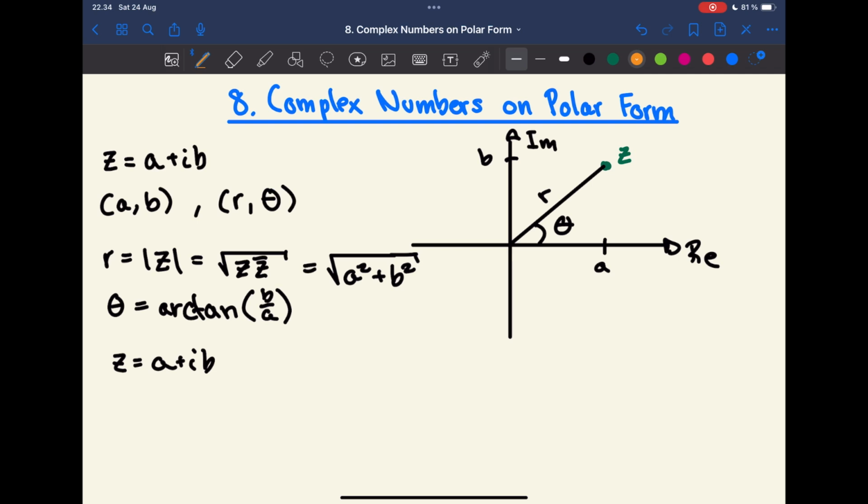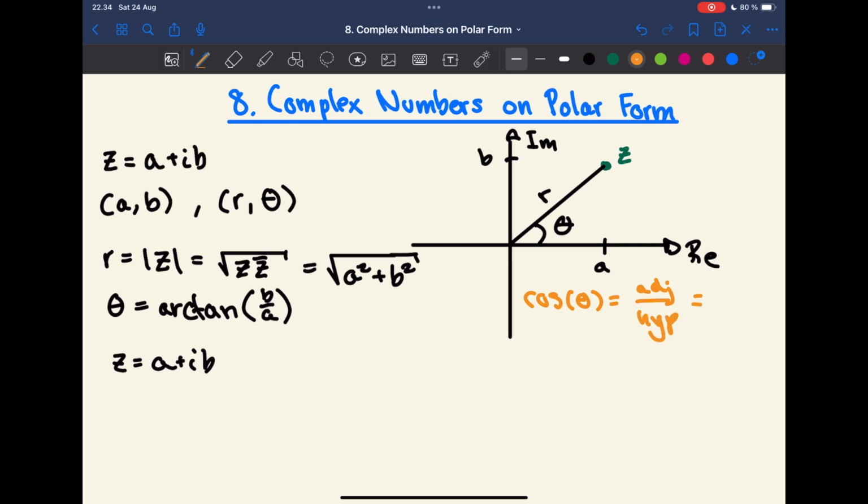Okay, let's look at the complex plane here and the drawing I have just made. So from SOHCAHTOA, like we used in the previous video, we know that cosine of theta is equal to the adjacent over the hypotenuse.